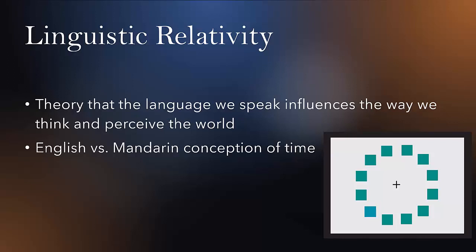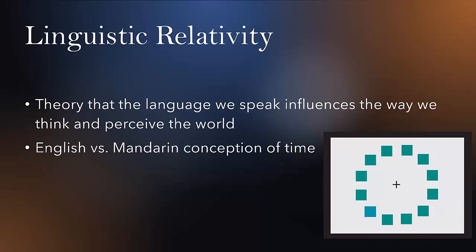So what they did in this study, they took people who are native English speakers and people who are native Mandarin speakers, and they had them do different tasks to very quickly answer questions about associations between time. The questions are really simple, questions that probably all of us could answer, but the main thing they're looking at is how fast they can answer those questions.